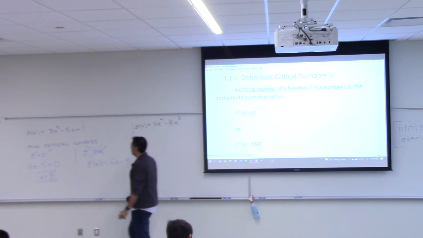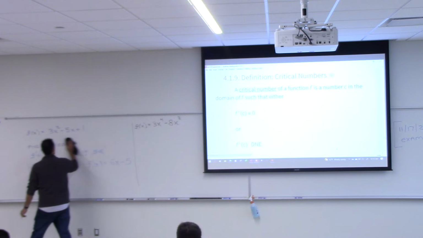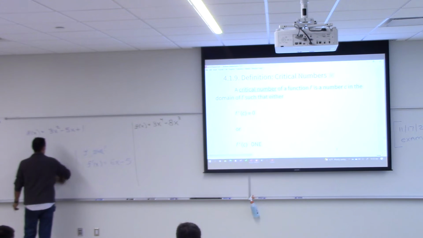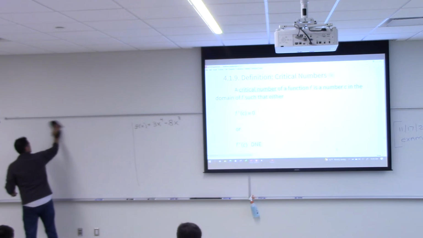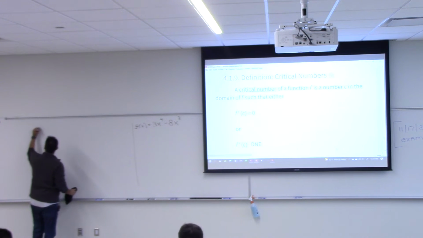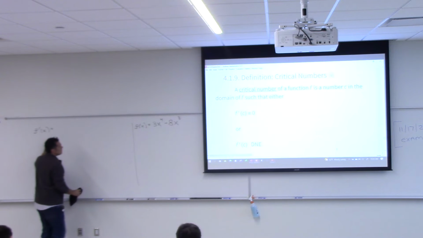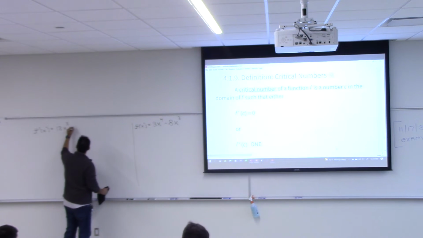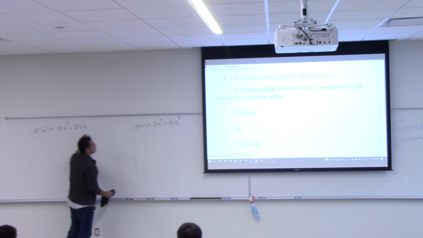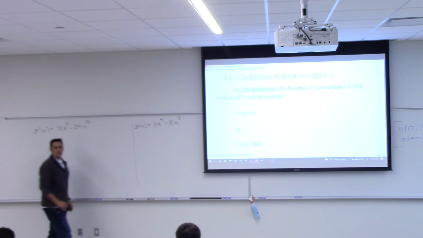Same instructions. So look, aren't we going to need the derivative? Okay, we may as well just get the derivative right now. Derivative of that function is what? 12x cubed minus 24x squared, right? That's my derivative.